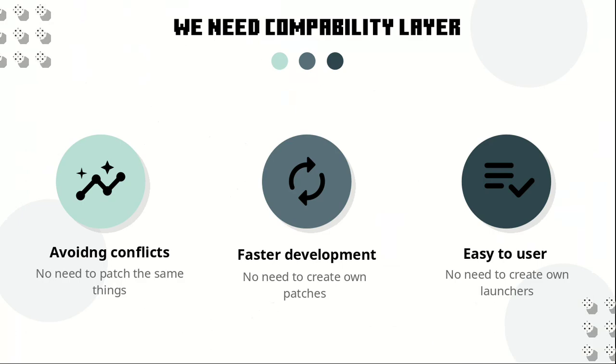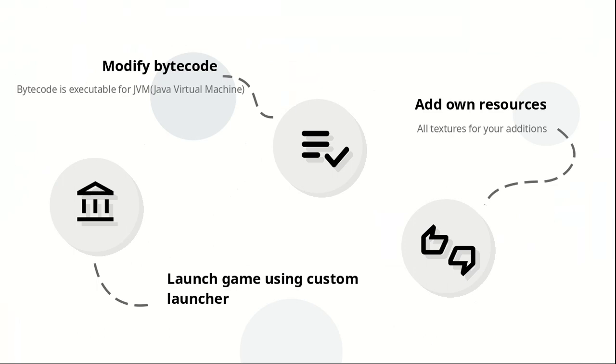But when we create mods this way, there are too many incompatibilities between these mods, because if one mod wants to patch the same bytecode part or tries to patch this bytecode in different Minecraft versions, this causes many bugs, crashes, and problems.